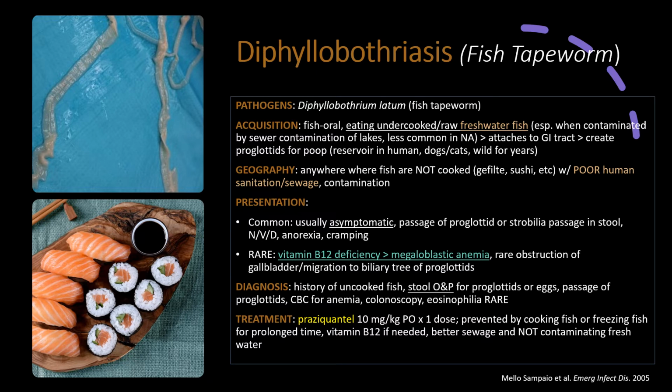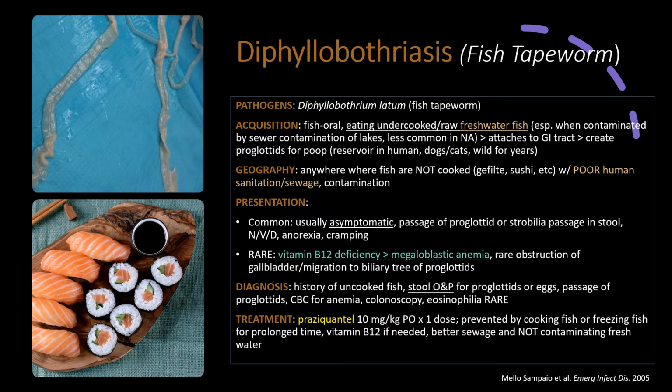Regardless, ingestion of the fish cysts causes hatching in the GI tract to an immature worm, which attaches to our GI tracts and elongates its strobila. It desires to be pooped out so it can return to the water to complete its life cycle and has reservoirs in other wild animals as well. Most commonly, patients are unaware that they even have the tapeworm, but may notice a passage of a proglottid or whole strobila, less commonly with nausea or anorexia.